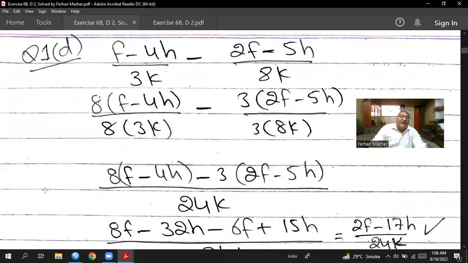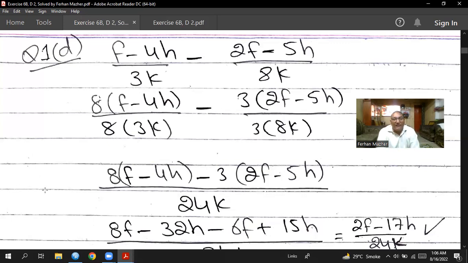So upstairs you will have 8 bracket f minus 4h bracket close. Downstairs you will have 8 multiplied by 3k, which will become 24k. In the second fraction, numerator and denominator are both multiplied with 3. So you will have minus 3 multiplied with bracket 2f minus 5h bracket close, and downstairs 24k. So you can write this whole thing in a single fraction, and downstairs write 24k.